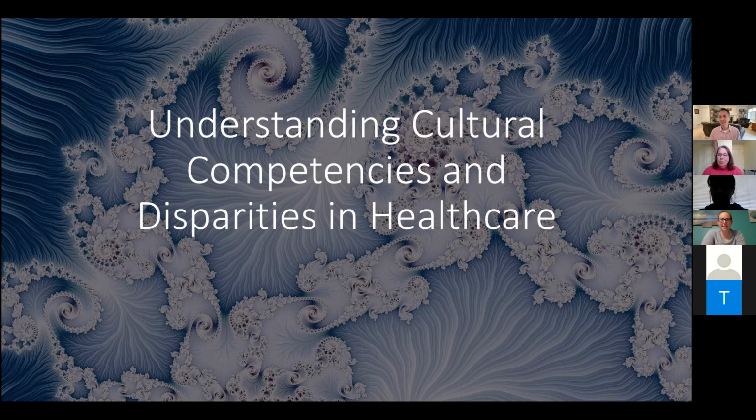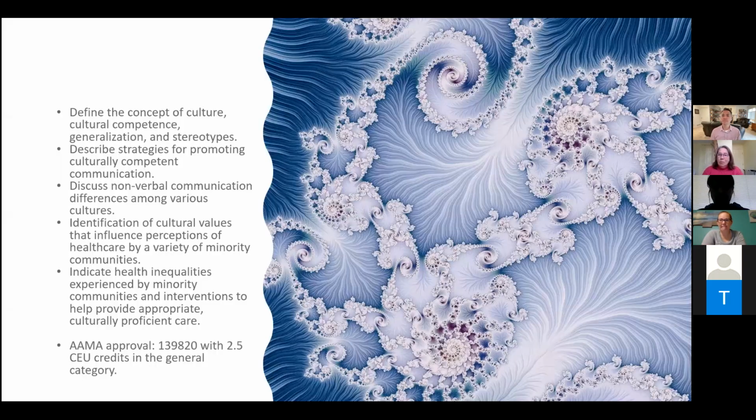All right, so what I want to go over is the objectives that we're planning to obtain. We are going to talk about a lot of definitions and concepts in culture, competence, stereotypes, microaggressions, some strategies for promoting culturally competent communication, and some information about nonverbal communication differences among the various cultures.